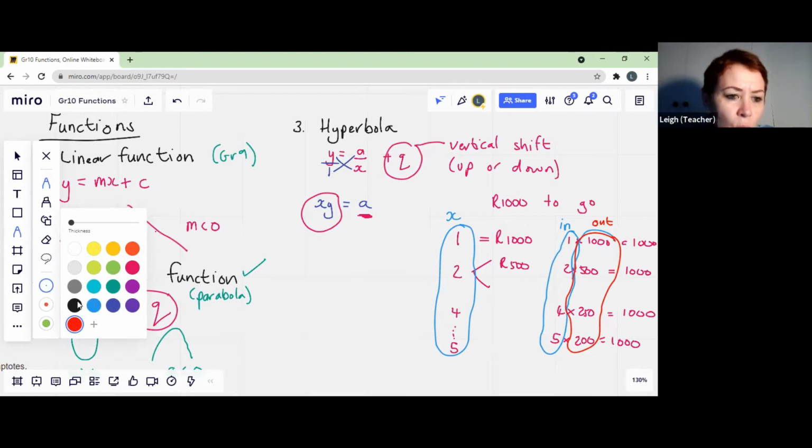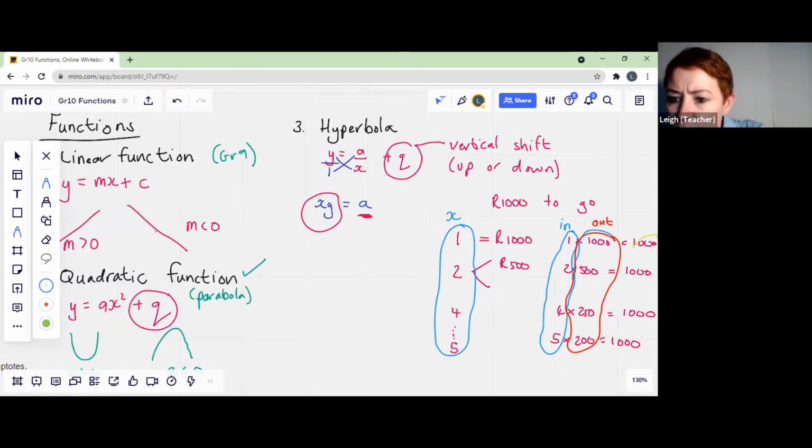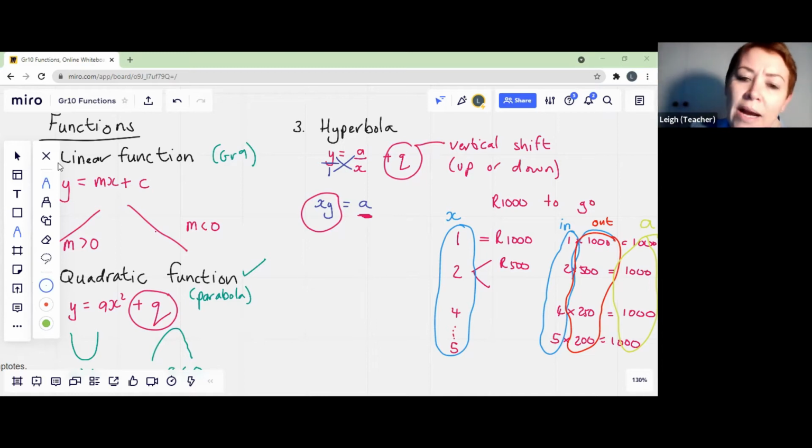We get this constant value over here, which is 1,000. This is the A. So in other words, what I'm trying to explain to you, grade 10s, is that the hyperbola is a function that is made by multiplying x and y together and getting A. You multiply your x coordinates with your y coordinate, and you always end up getting A.